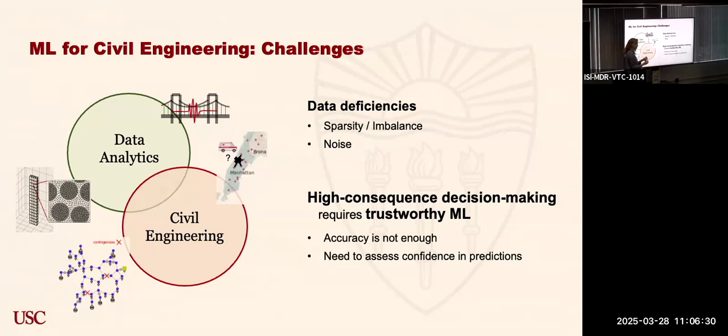And the problem is that we are trying to use those algorithms for decision making, right? So whether it's with respect to SHM or optimization of EMS, it's high consequence decision making. And so for this to happen, we need trustworthy models. We need to be able to rely on the predictions of our model. And so we need to not just have models that are accurate, but we want to try and assess the confidence in our predictions.